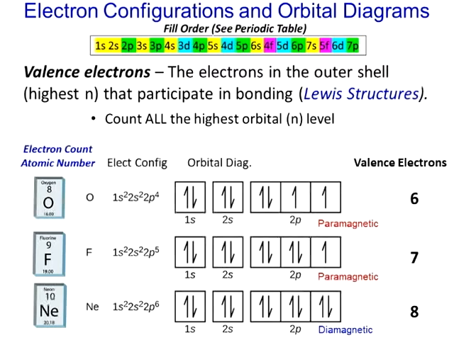And if you watch me write it, I would write all of them with the spin up first and then come back pairing down. It is diamagnetic because it does not have any unpaired electrons. All the electrons are happily paired. This is a noble gas. Noble gases are monoatomic. They're perfectly filled.